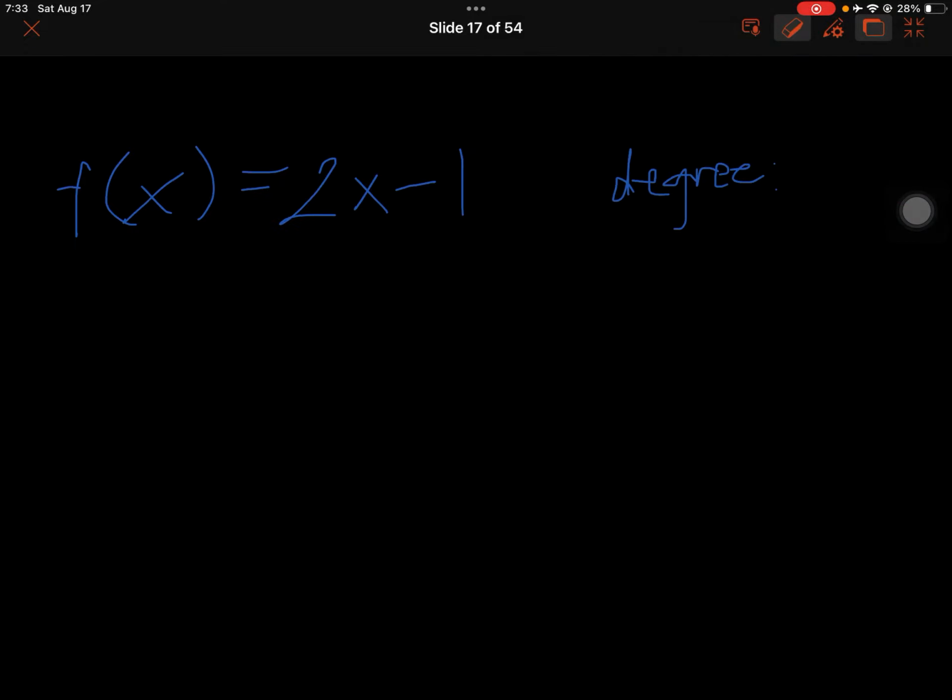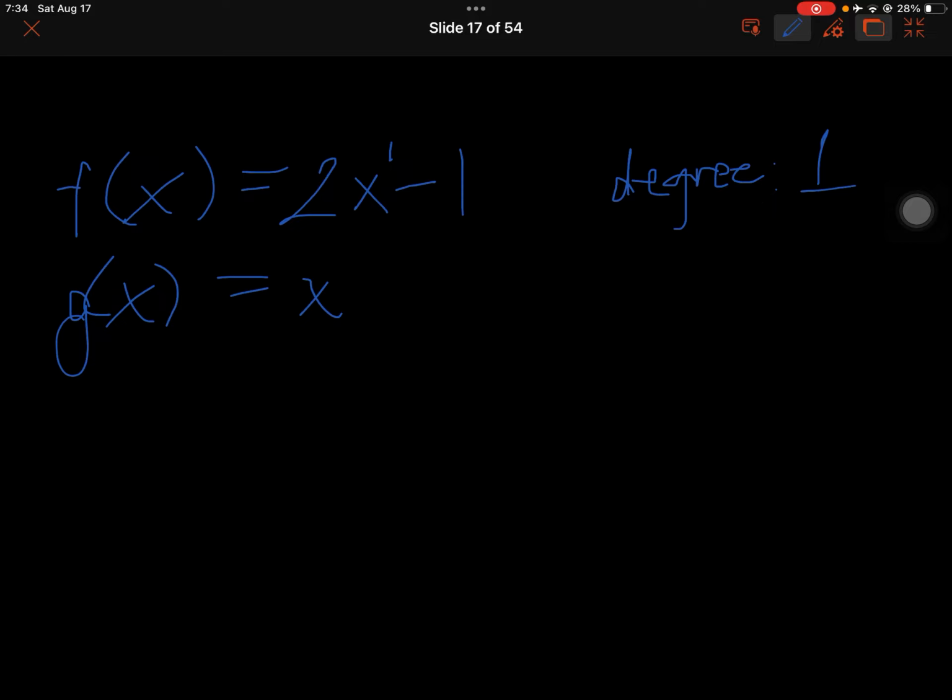It's the highest exponent. So the highest exponent here is 1. Another example is g of x is equal to x. So again, this is an example of a linear function.